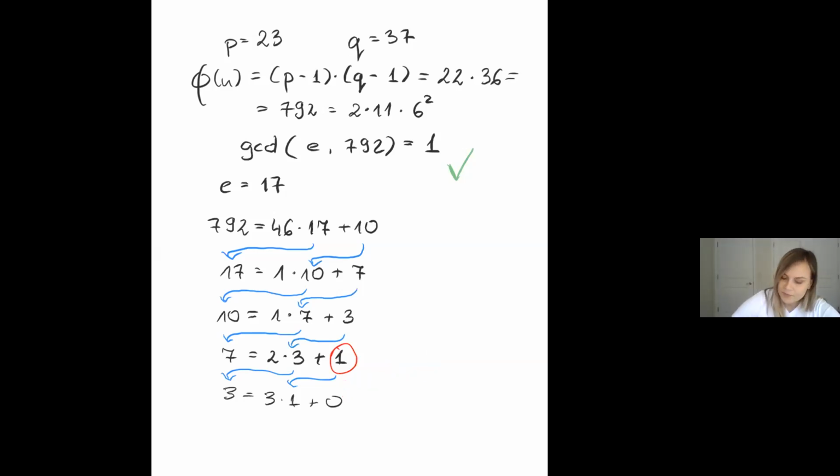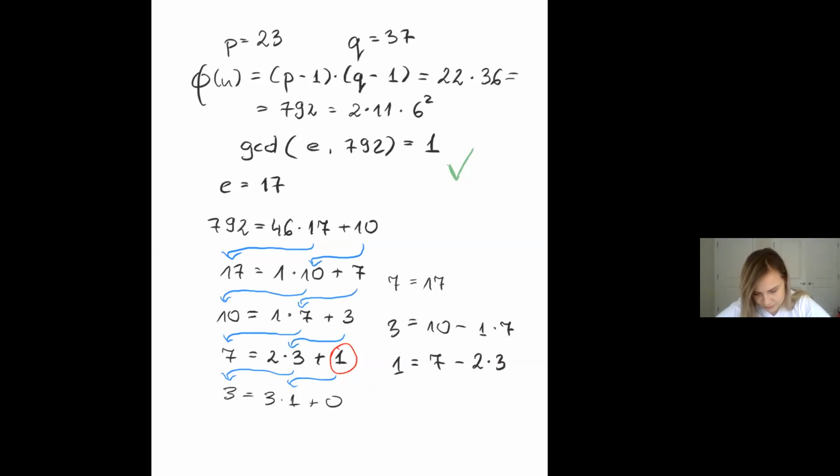Now let's use it. 1 can be written as 7 minus 2 times 3. 3 is 10 minus 1 times 7. I just move things to the left side of the formulas. Then 7 is 17 minus 1 times 10, and 10 is 792 minus 46 times 17.